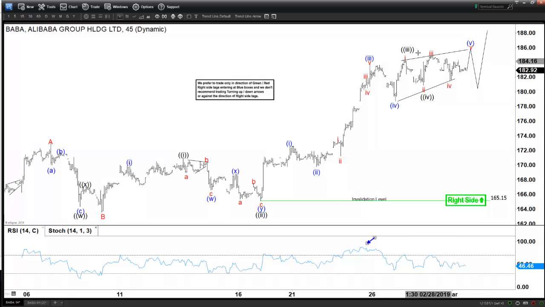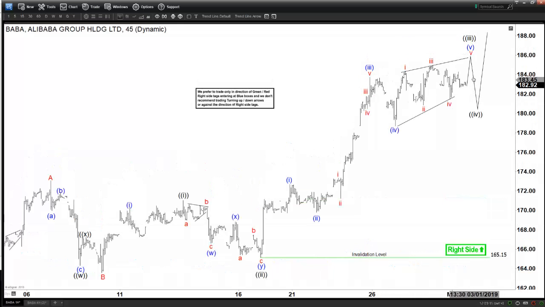So in the alternate, we could have ended 3 here, 4 here, and now be in the wave 5 already. If that's the case, we just need one more high instead of two.